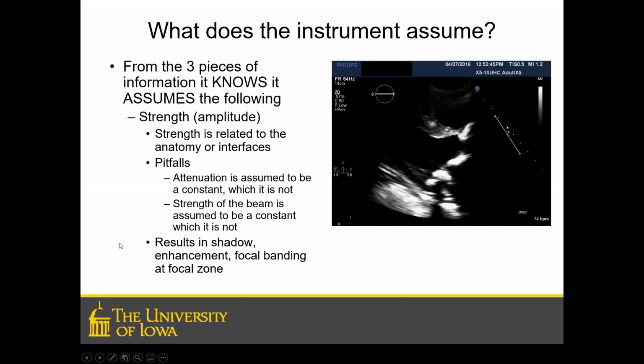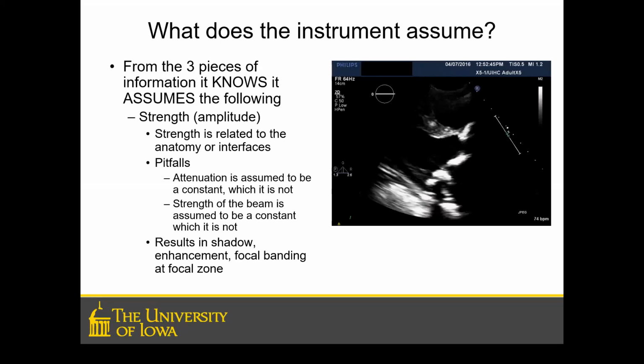The other pitfall is there's an assumption that the beam is the same strength within the beam itself. And we have an area where the focal zone is. And so there can be what's called focal banding artifacts where the focus is. Now, sometimes I might be talking about something that you think to yourself, I've never seen this.